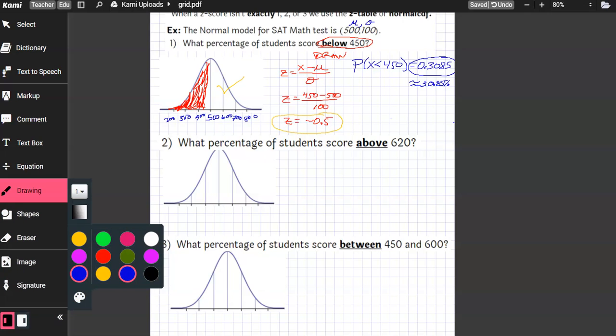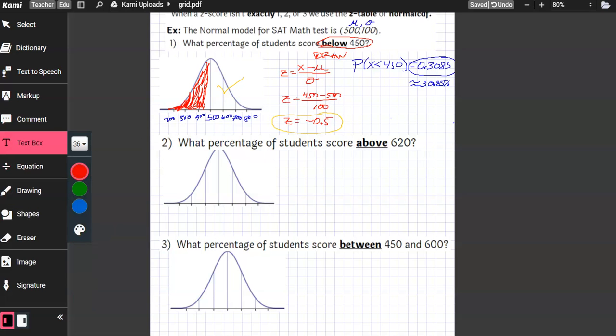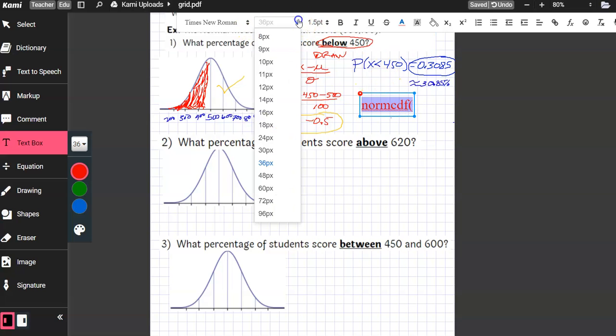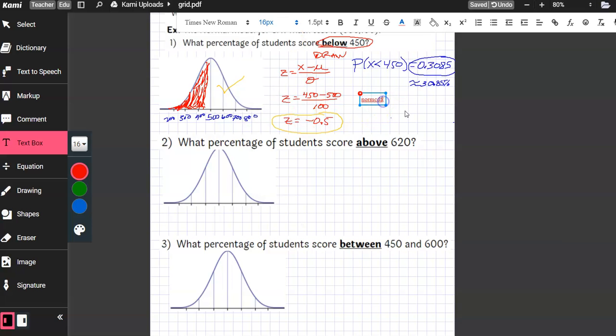Now, a little bit about the calculator. If you use the command norm CDF, or normal CDF, you need four numbers in there.